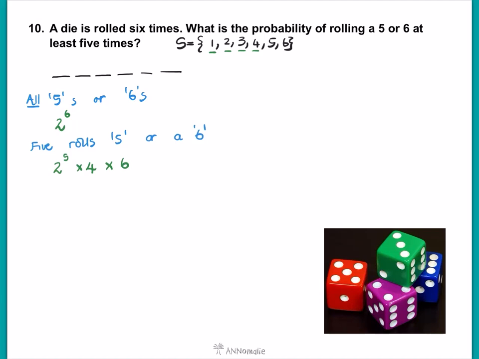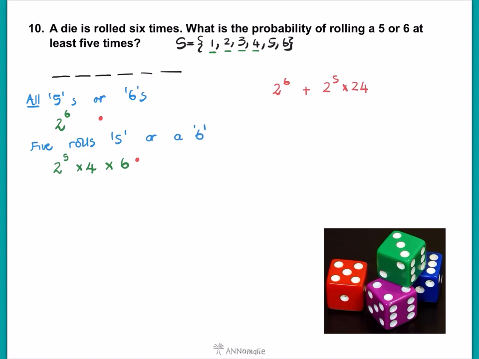So that gives us a total where we add these 2 totals. That will be 2 to the power of 6 plus 2 to the power of 5 times 24, 4 times 6.